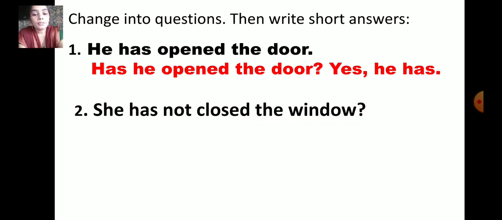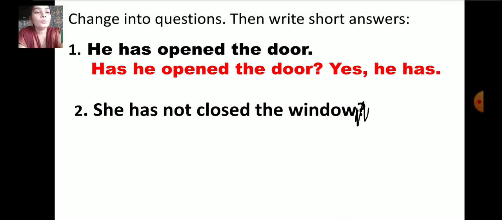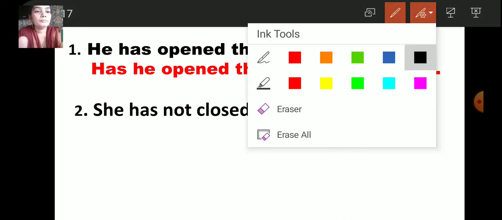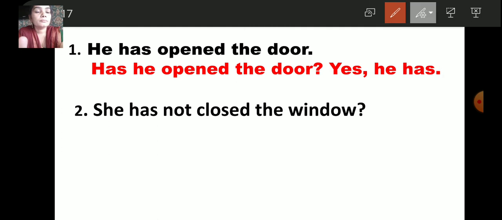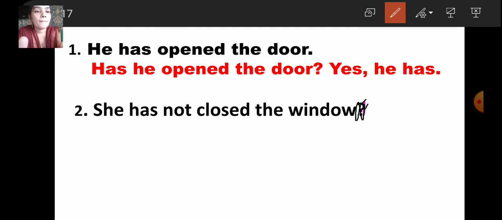She has not closed the window. Okay. So here there is no question mark. So let's erase here.